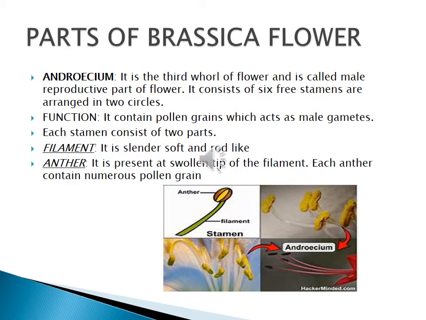The filament is slender and soft. It supports the anther, and the anther contains numerous pollen grains. You can understand easily from page number 49, heading androecium.